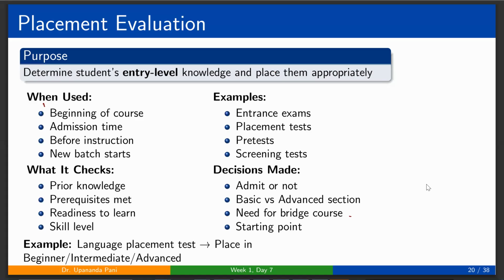So what it is basically checking is skill level, right?